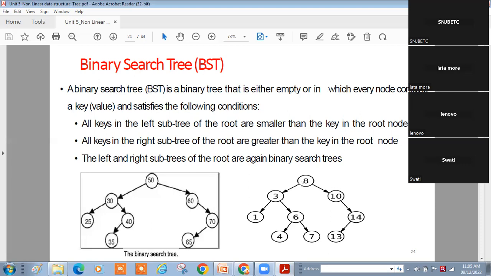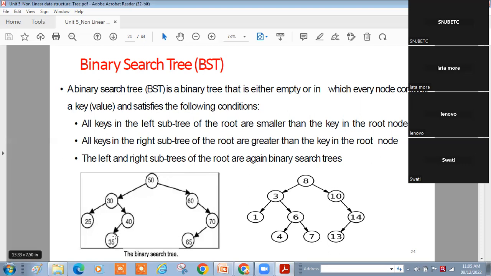So what is the basic difference, or what is the special observation? Observe it carefully. Yes, what did you get? So what you can see, students, is that these elements are less than 50. So the left hand side is less than the root and the right hand side is more than the root.